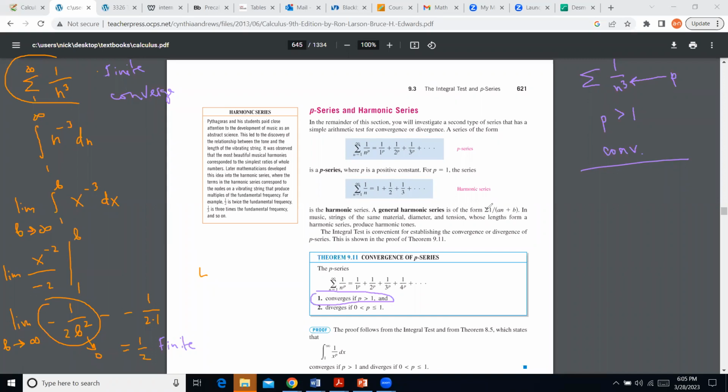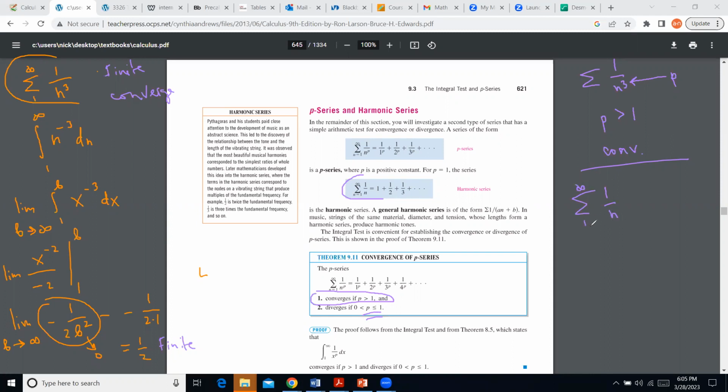So the series converges. Now, if the power is less than or equal to 1, then the series is not going to converge. It's going to diverge. And this is what we observe with the series 1 over n. Of course, they all go from 1 to infinity.